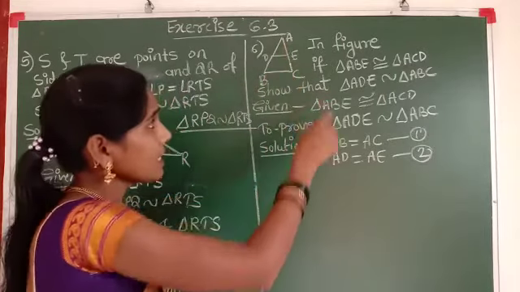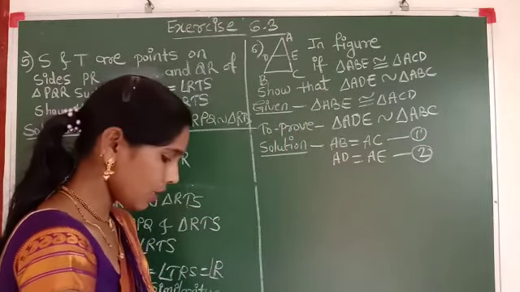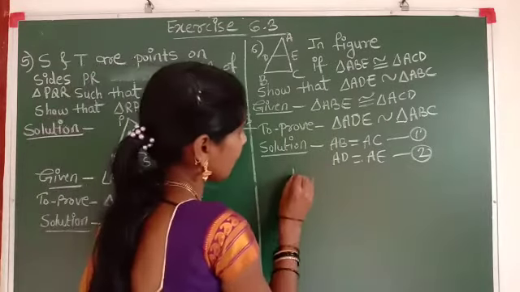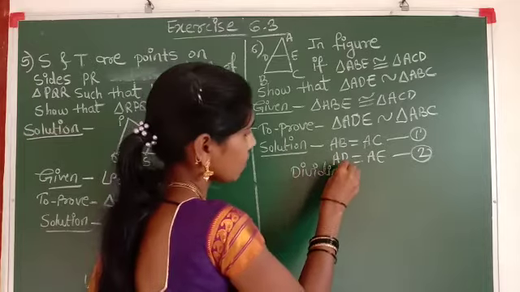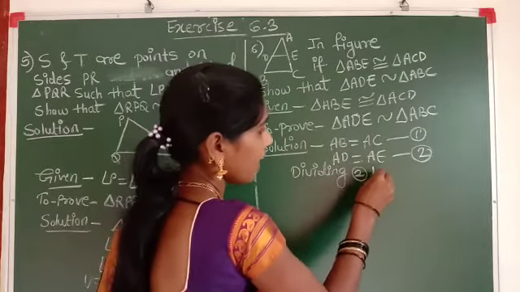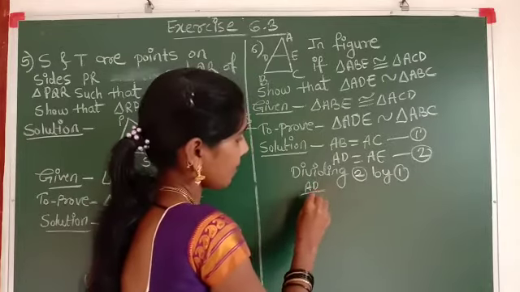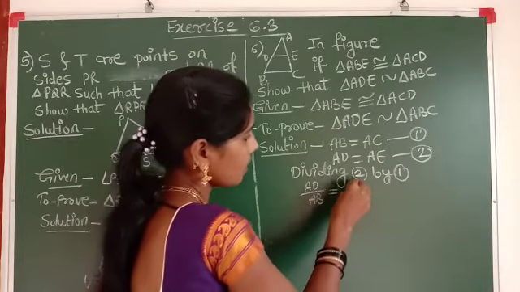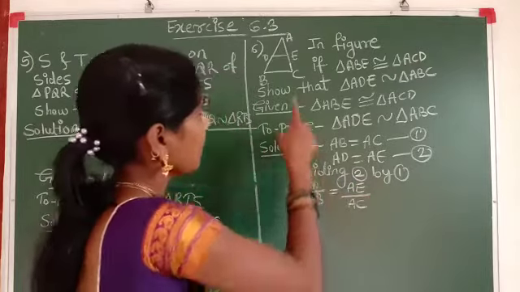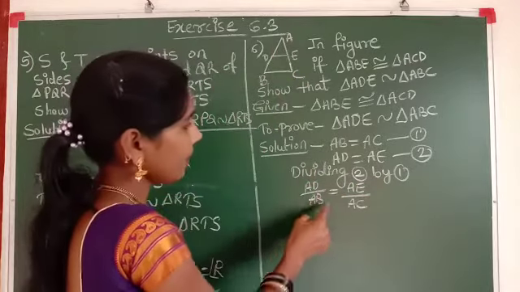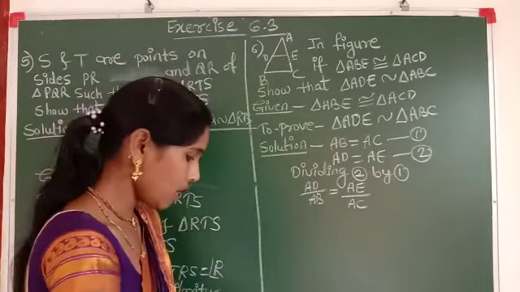Dividing 2 by 1, here AD divided by AB is equal to AE divided by AC.